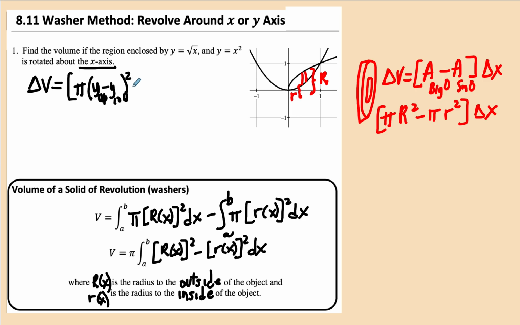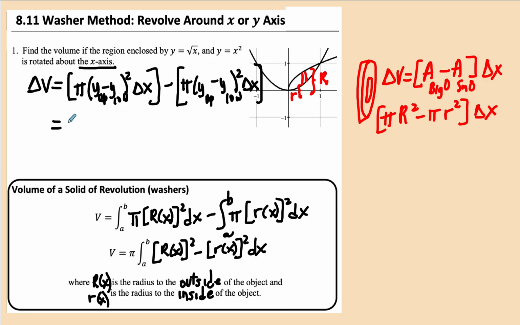And then it'll be a delta x, and that'll be the volume of this big one. Then I'm going to want to take away the volume that's created by the hole. So this will be pi times y of the upper minus y of the lower, quantity squared, and then delta x. So I'm creating two discs: a disc for the top one, and then a disc inside where the hole is being taken out.